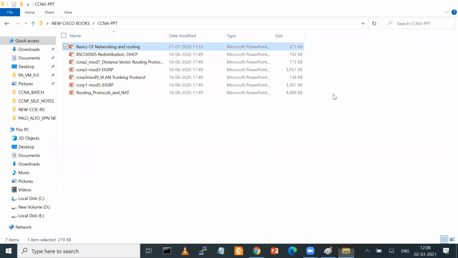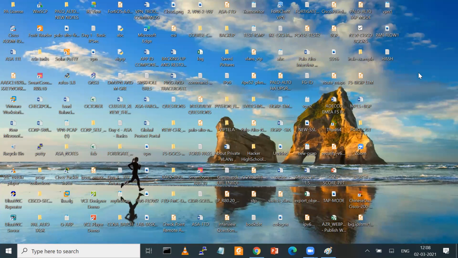That is one fundamental PPT which you can use. So download it and go through these two PPTs, day 1 and day 2, and the fundamental one. Then tomorrow we'll understand class B and C and some more calculation about IP.